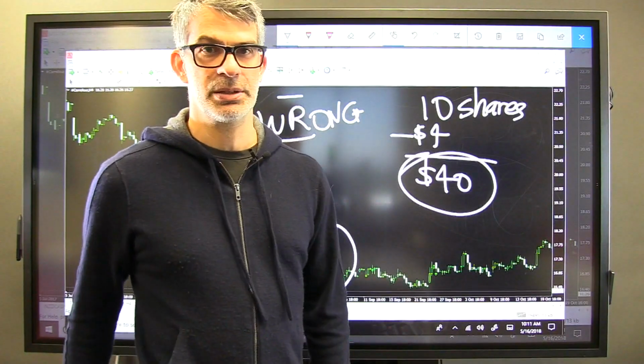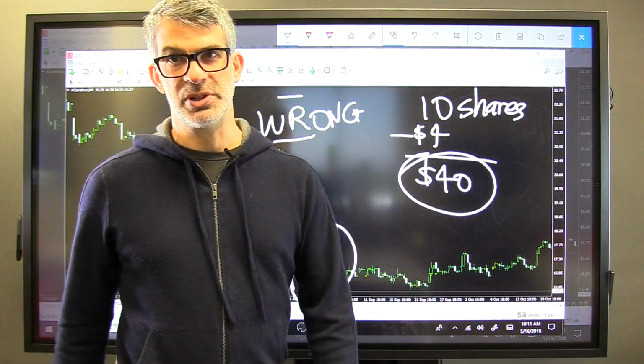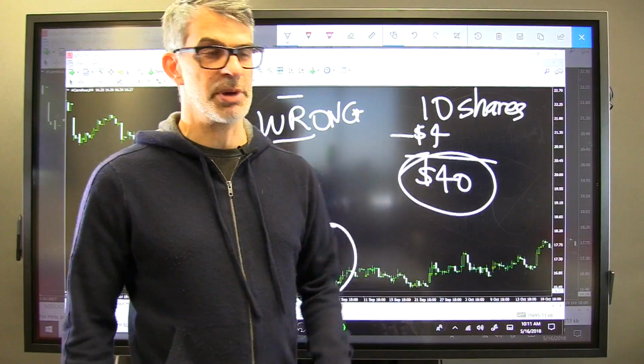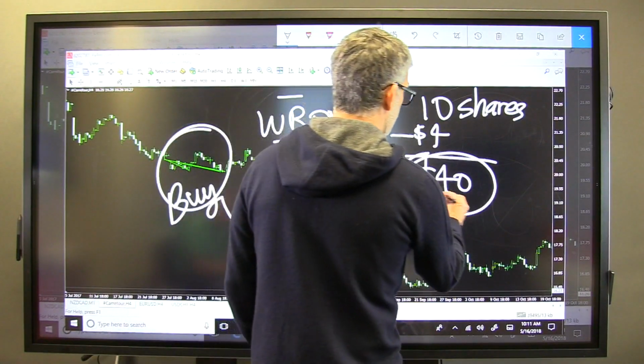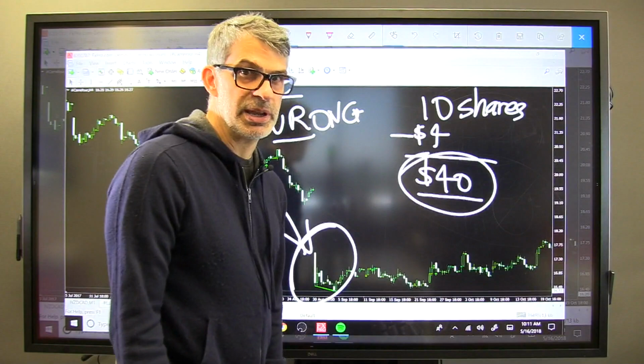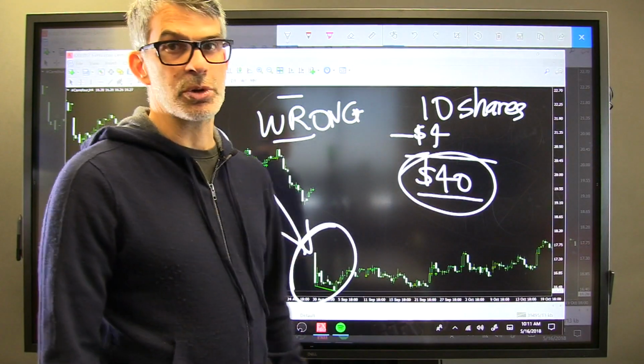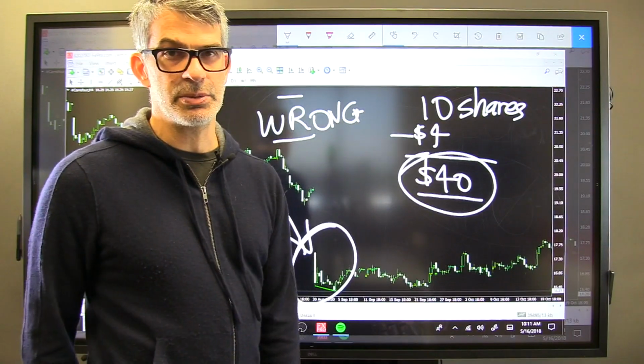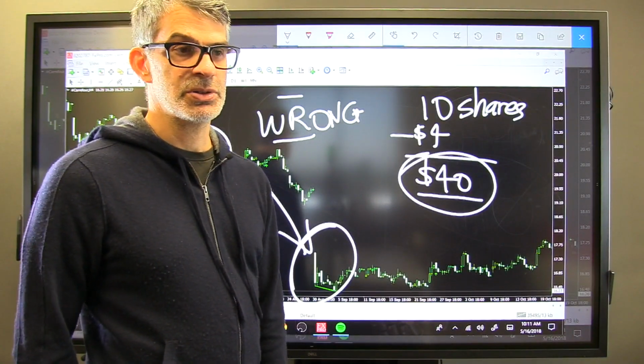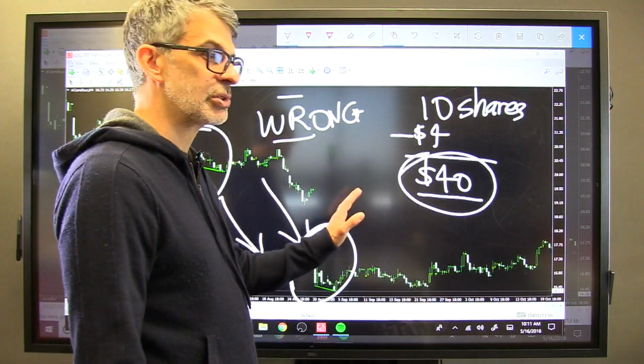No, it's not. If I'm going to add to a winning position, then my risk is smaller than my reward. Meaning, I lost $40 as this trade went against me. No problem. I could have made $40 or more if I added to the trade as it went in my favor. So I don't have a risk to reward problem. So everybody just calm down.